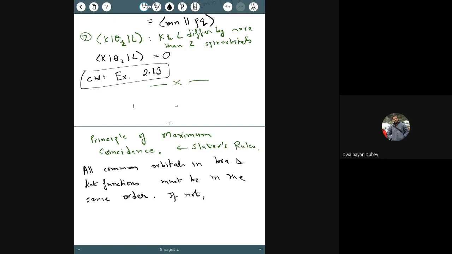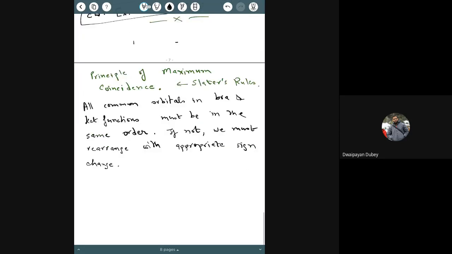If not, we must rearrange with appropriate sign change. And what is the sign change?